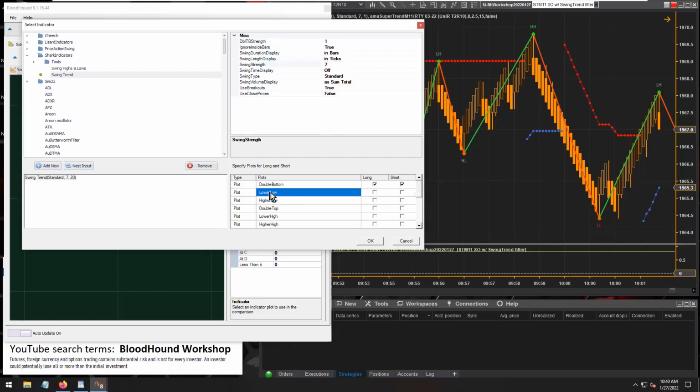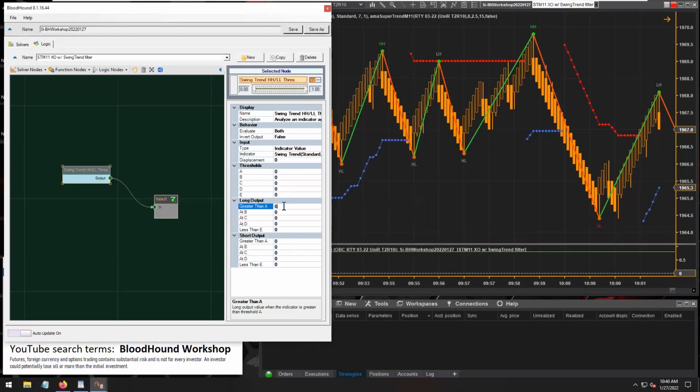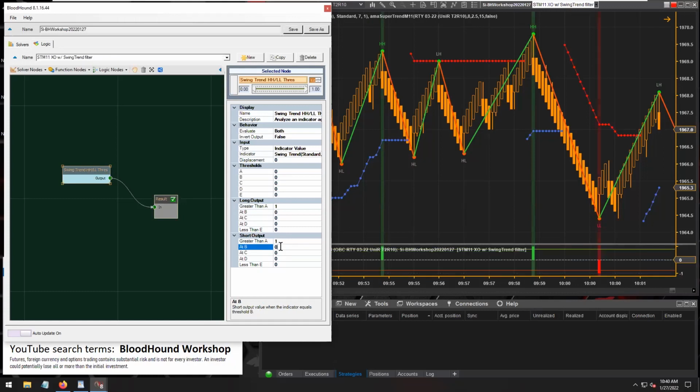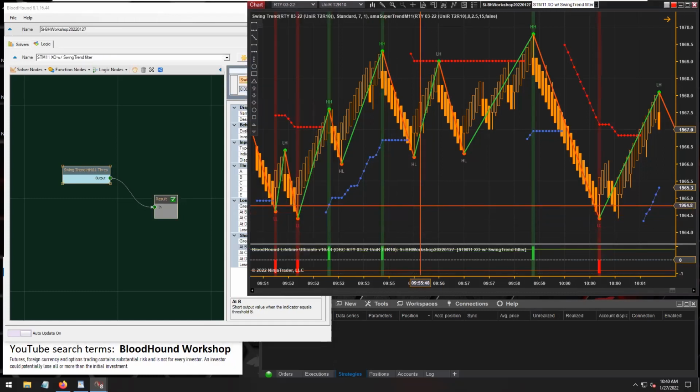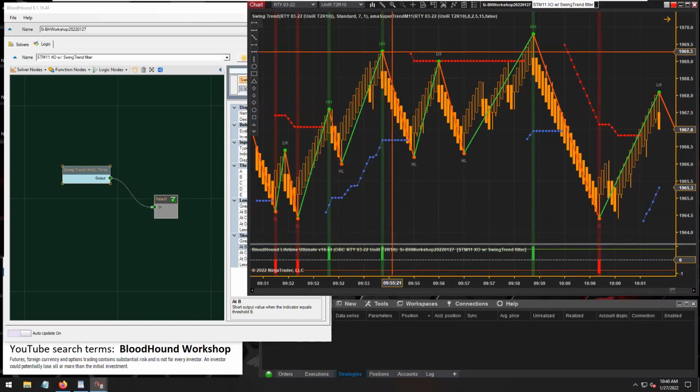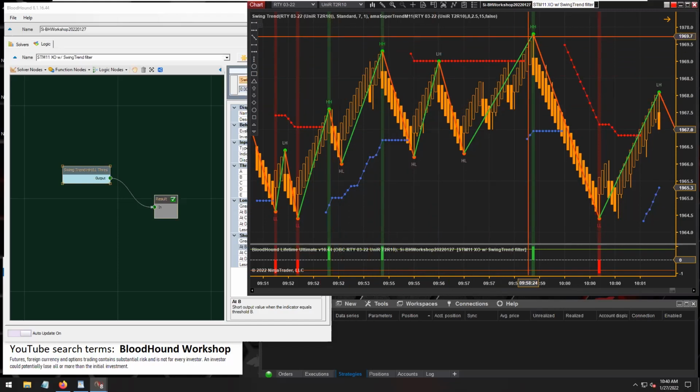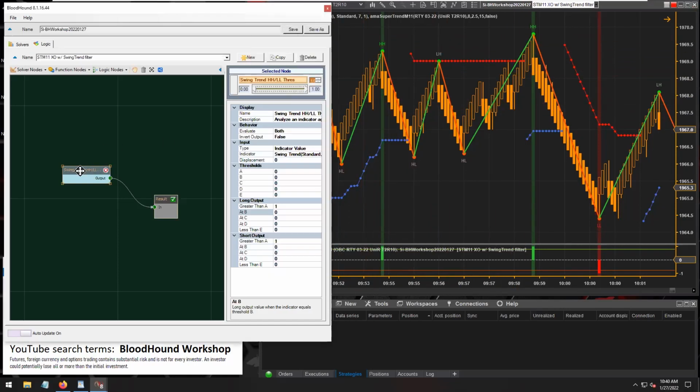Now we're trying to find the lower lows for a short output and the higher highs for a long output. We'll set our long output like that and our short output like that. Now it does kind of magically look like these higher highs are being identified in real time.